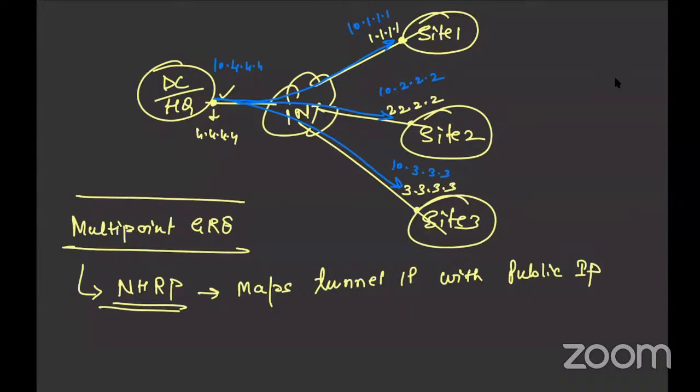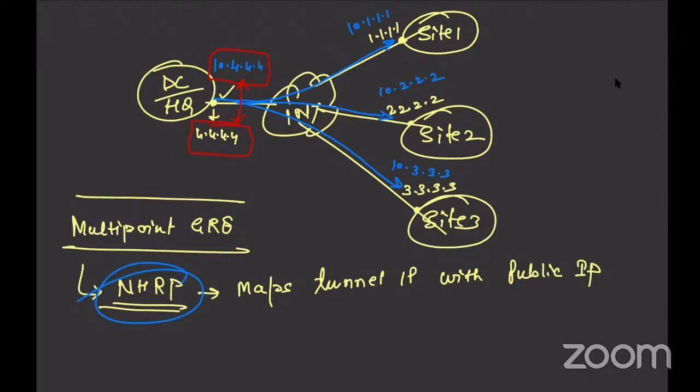So NHRP is going to map your tunnel IP with the public IP and connect these together.